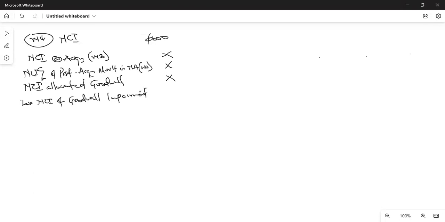And that one comes by the fair value method only. So at the end of the day, you get your NCI for your consolidated statement of financial position. This shows the value of the subsidiary that is not owned by the parent at the end of the day. So note that.